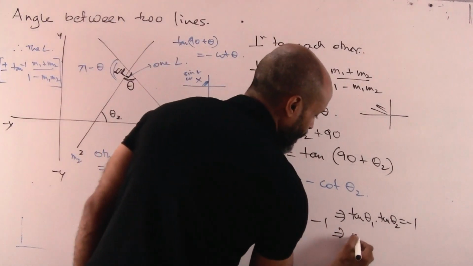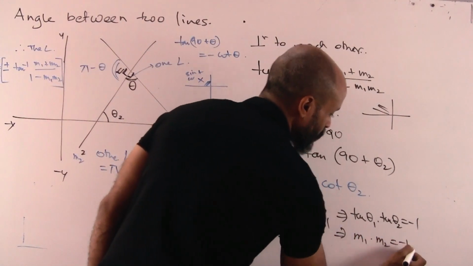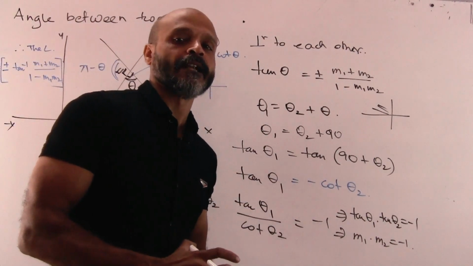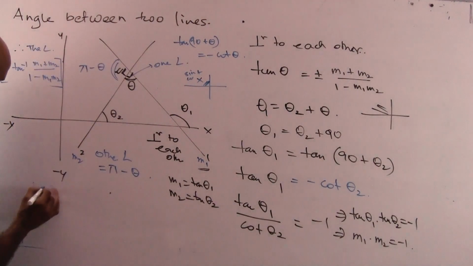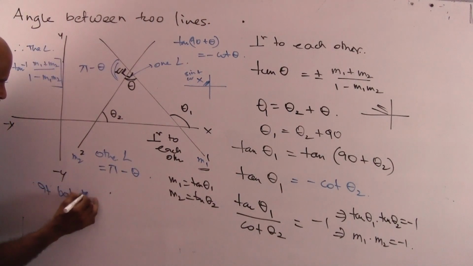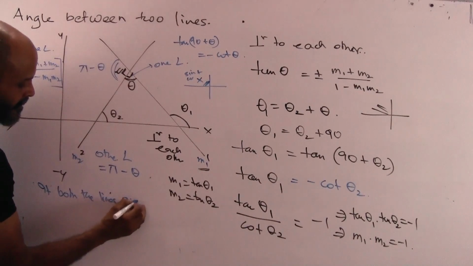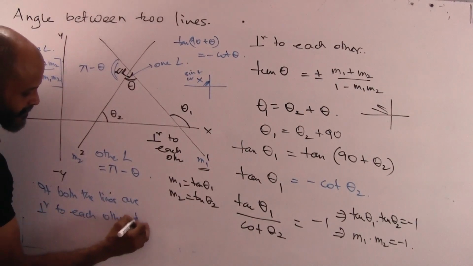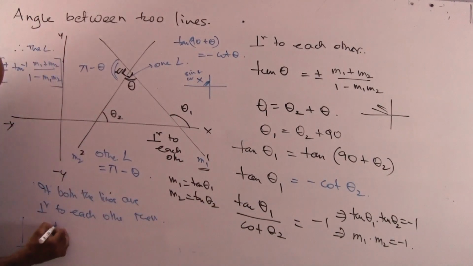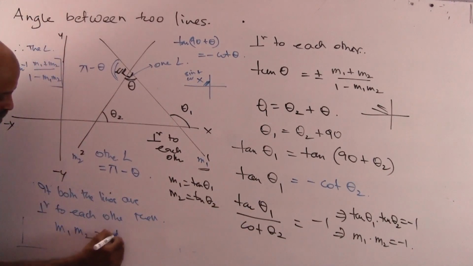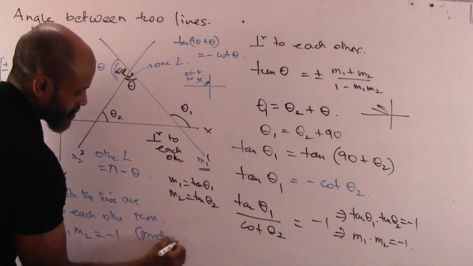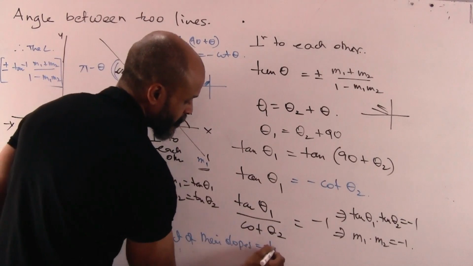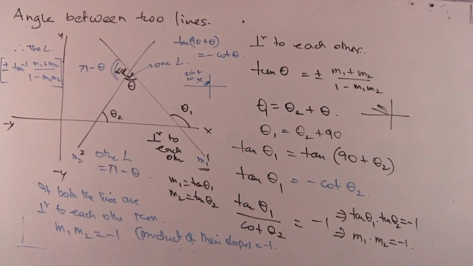So, here we have m1 into m2 is equal to minus 1. So, this is the case when both the lines are perpendicular to each other. So, the product of their slopes is equal to minus 1 if both the lines are perpendicular to each other.